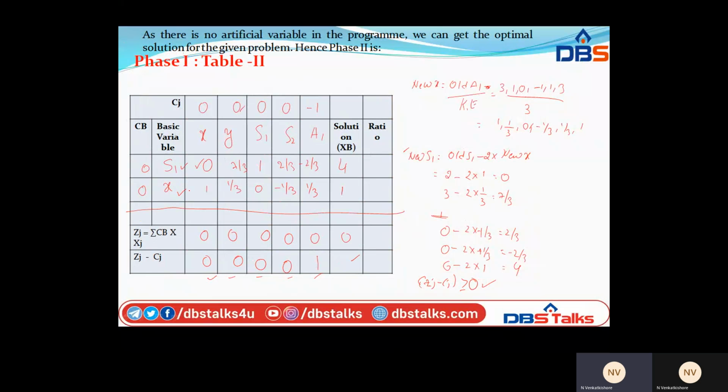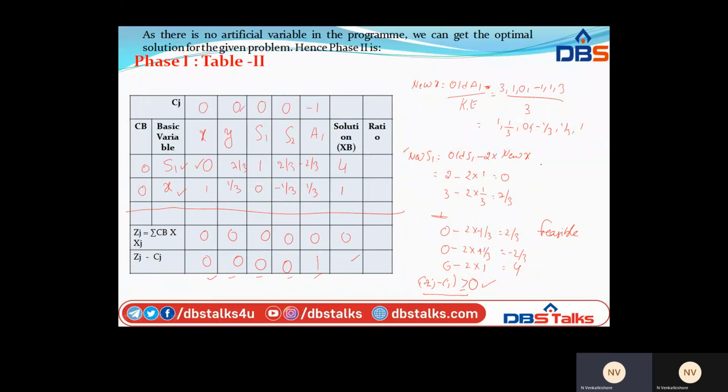If you have an artificial variable in any of the basic variables in this table, then our solution will not be feasible. That means it is not framing the solution.